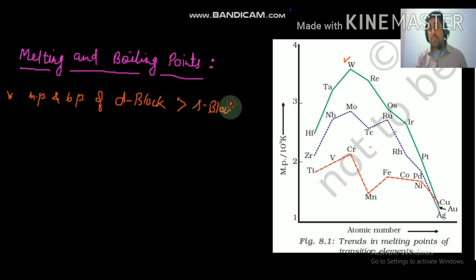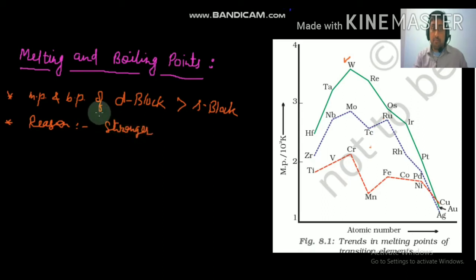If you compare one by one, d block elements have a higher melting point and boiling point than s block elements. Okay, now what is the reason for that? The reason being stronger metallic bonding.